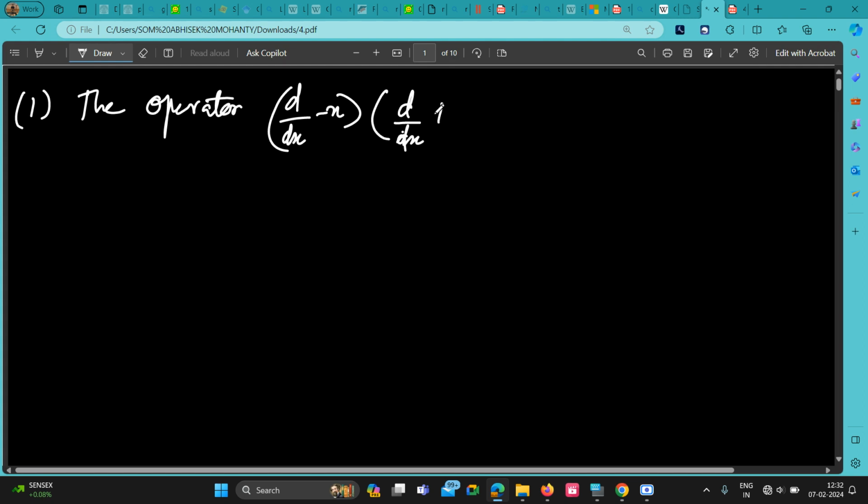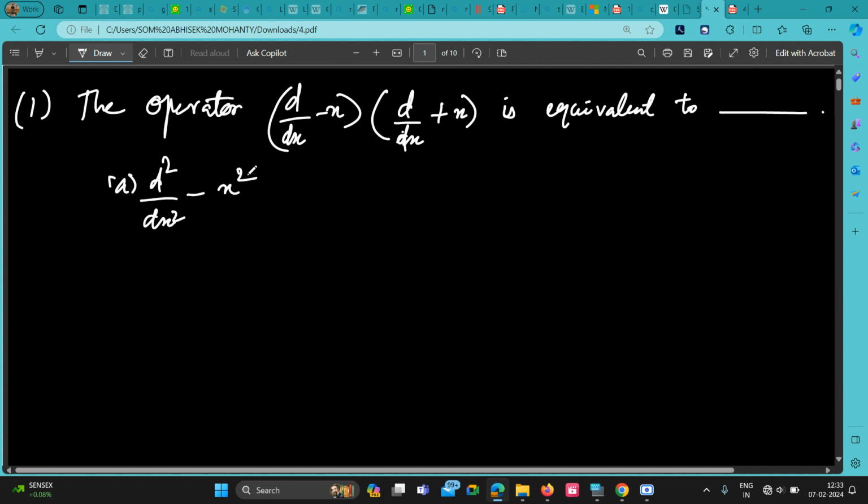First question is: the operator (d/dx minus x)(d/dx plus x) is equivalent to dash. Option A: d²/dx² minus x².